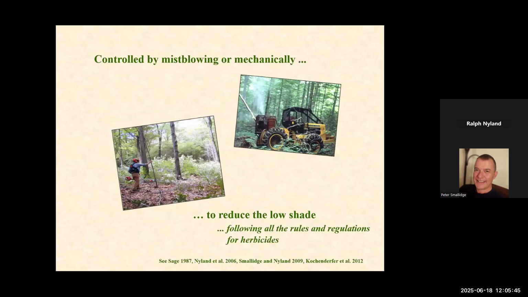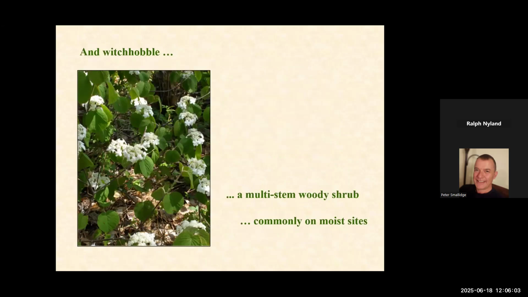But beech and some other of these understory trees can be controlled by mistblowing or done mechanically to reduce the low shade and thereby enhance chances for advanced regeneration to form. Again, with use of herbicides, follow all the rules. Don't forget witch hobble, that multi-stemmed shrubby plant.